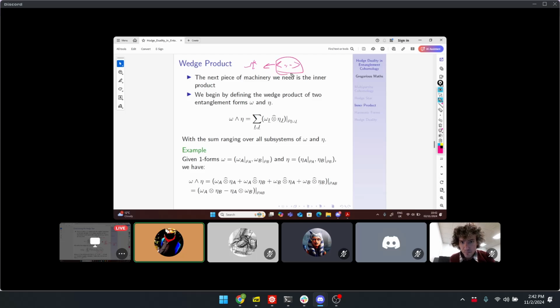Using that inner product space structure, we can then define our co-differential delta. So in order to define the inner product, we're going to use a notion of the wedge product, because that's how it's normally done in Hodge theory, I think.